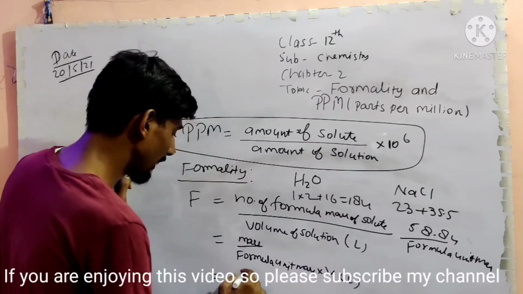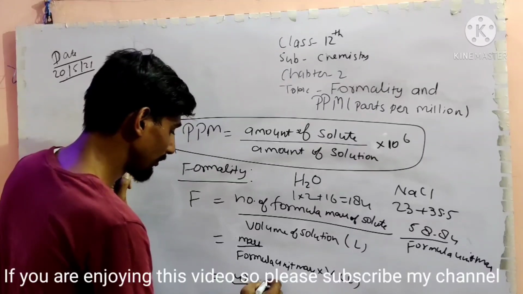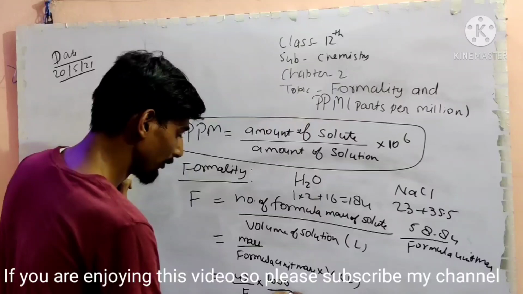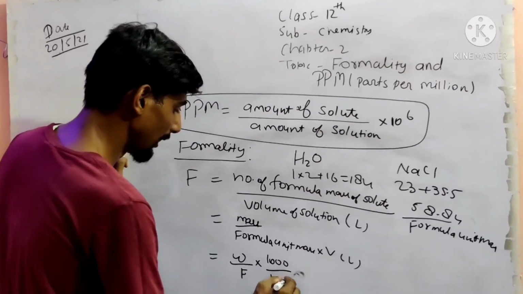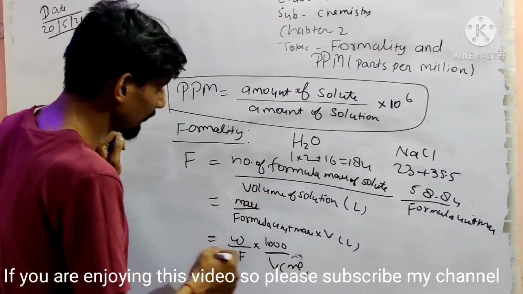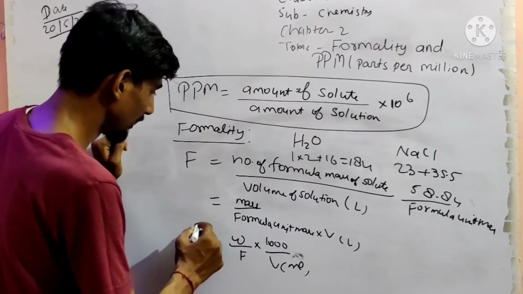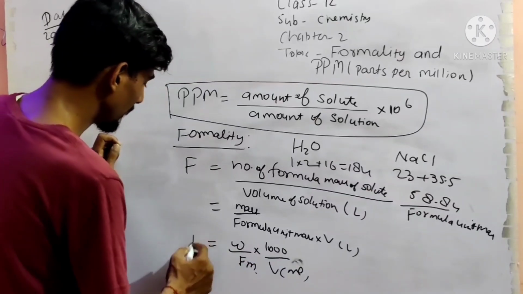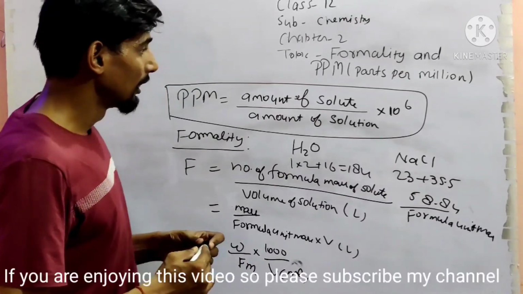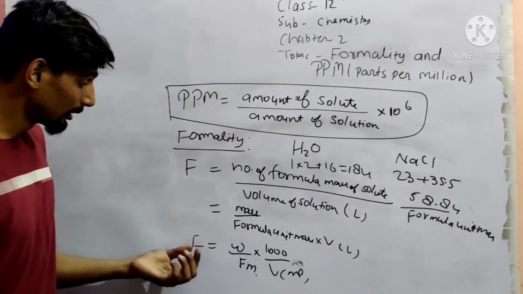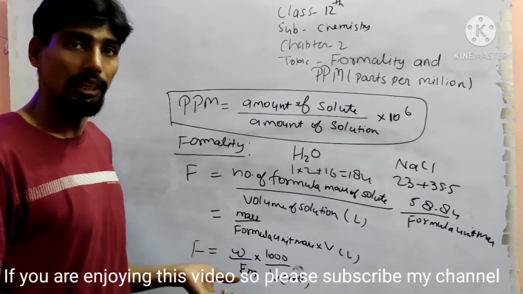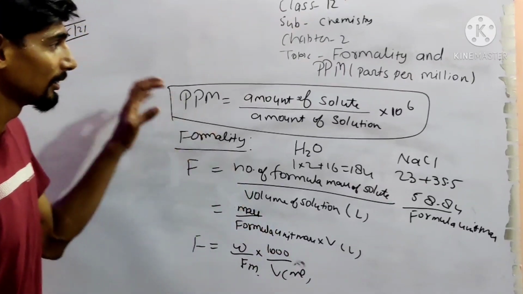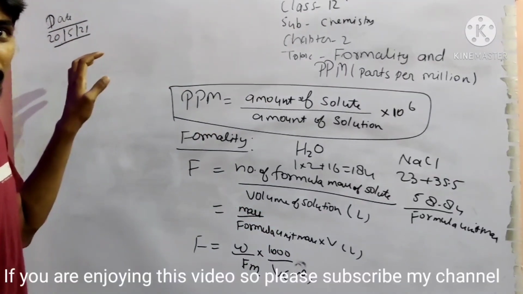So mass we write W, formula unit mass Fm, formality equals W upon Fm into 1000 upon V, where V is in ml. So this is the formula of formality. I will explain it from the given numerical.